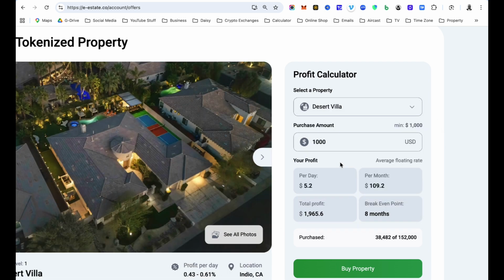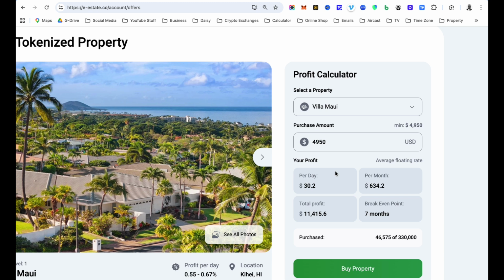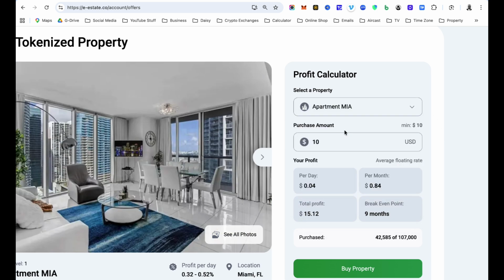The desert villa, this one is $1,000 minimum to purchase a fraction. There are other much higher amounts. For example, this one is $4,950, the Villa Mao. So the options are here for you guys.